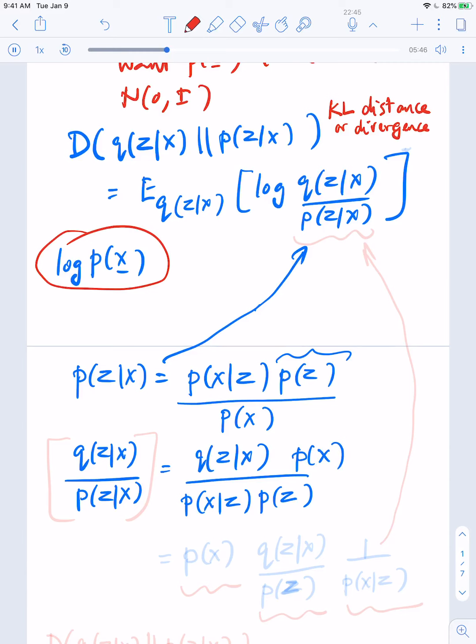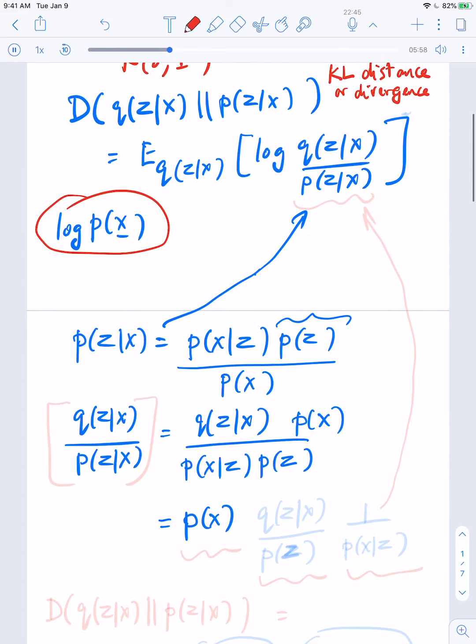I'm just plugging things in from Bayes' rule. And let me write it down in terms that are grouped in a nice way. I wanted the likelihood function, so let me write it separately. Then I have a Q of z given x divided by P of z term, where both are densities in z. And then I have a 1 over P of x given z term here, okay?